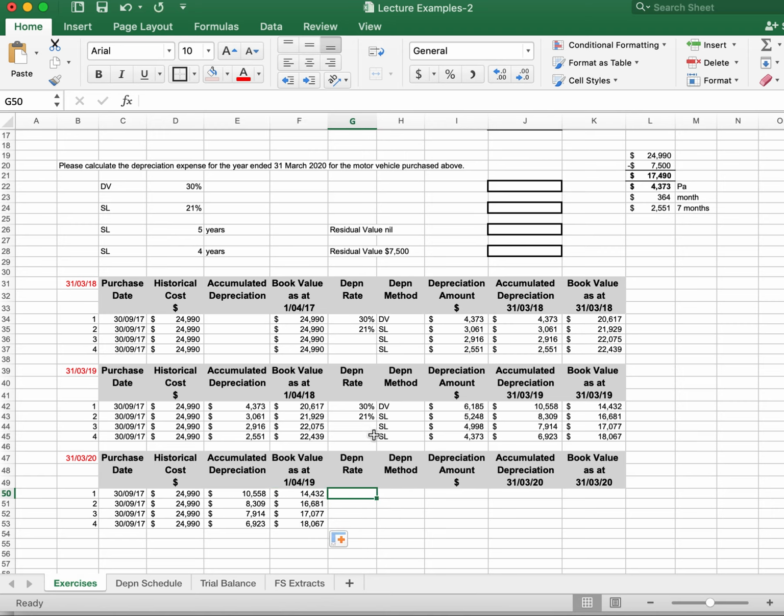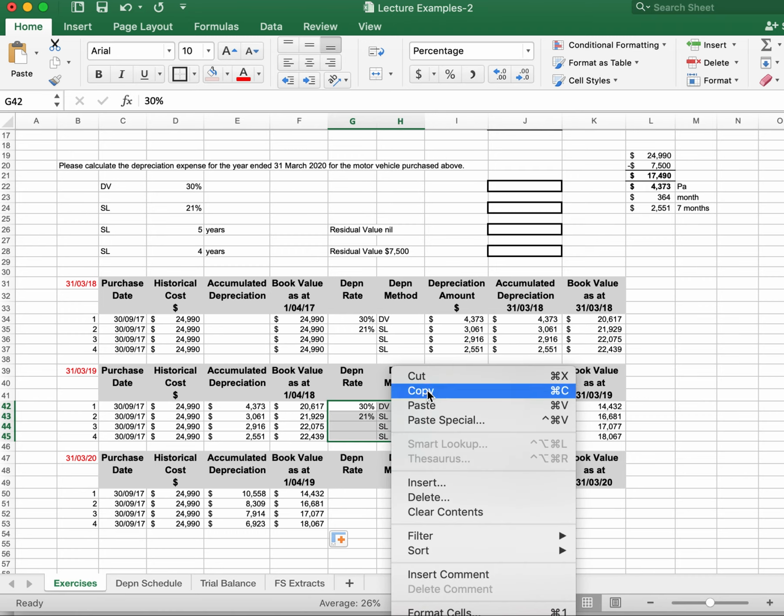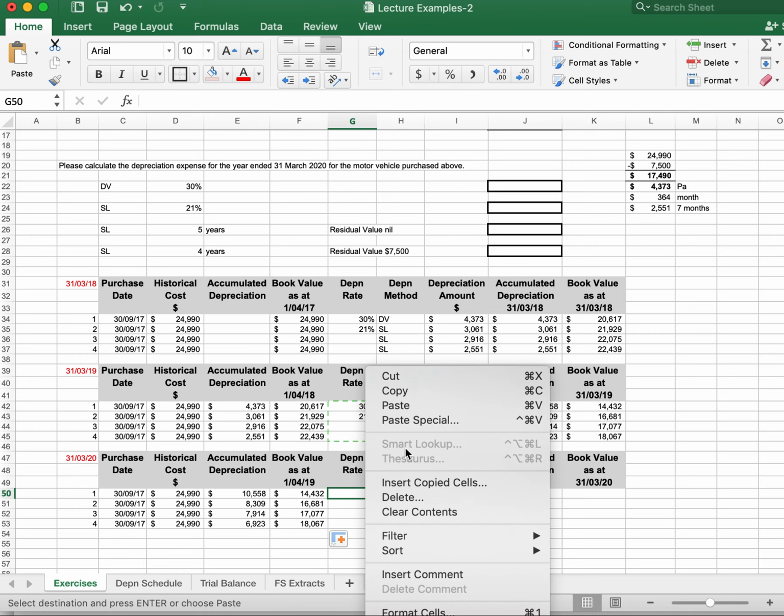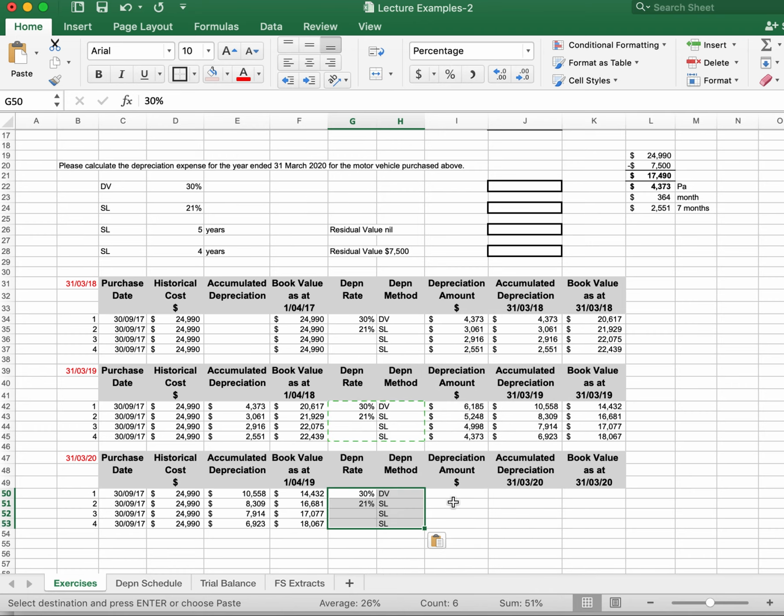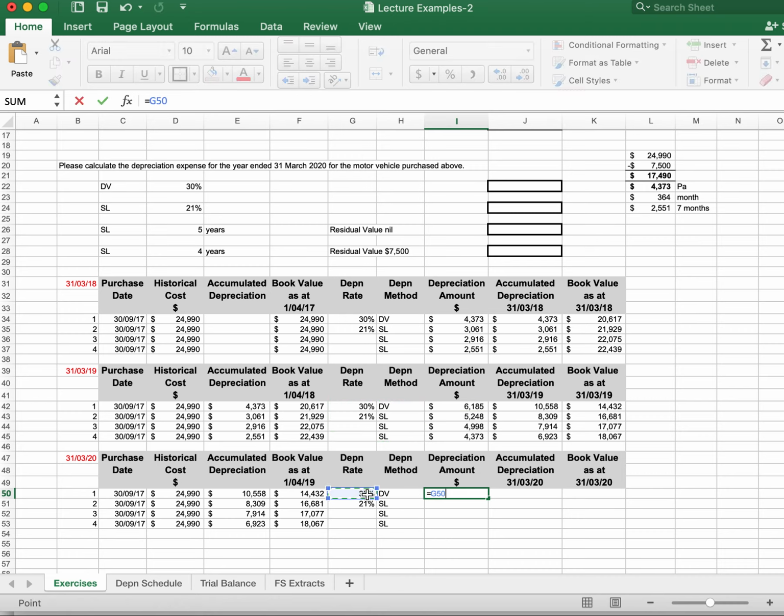The depreciation rate is like that. Copy, paste. The depreciation amount is the depreciation rate times the book value. That one is the depreciation rate times the historical cost. And these ones are the same amount every year.